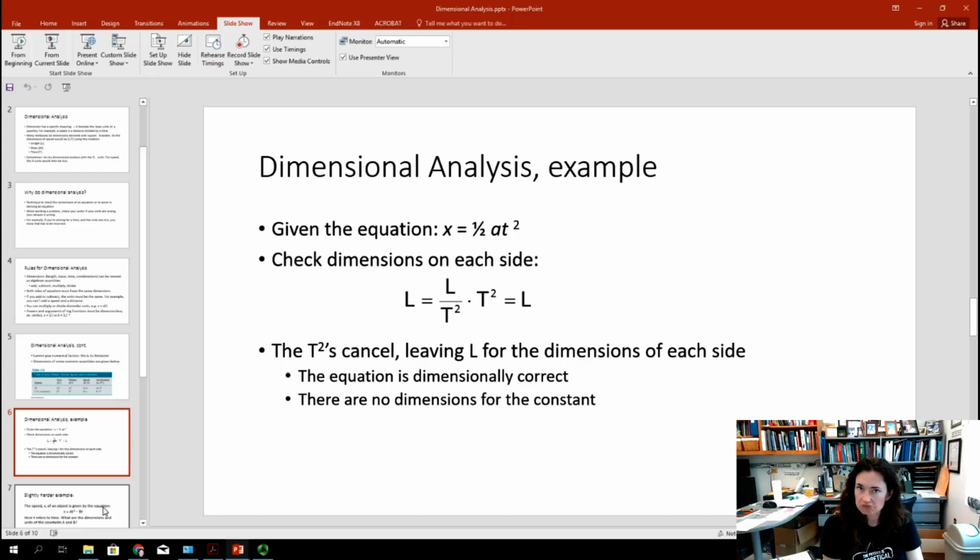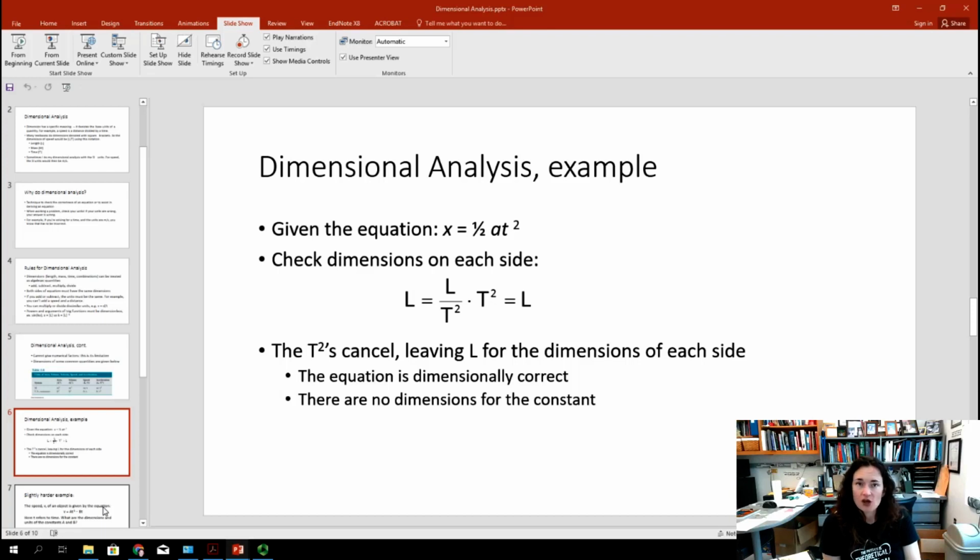Or a position. All right, so the SI units are going to be meters, and the dimension will be length for x. Now we have an equal sign there, so that means that x and 1/2 at squared have to have the same units or dimensions overall, all right? So left-hand side is length, the right-hand side has to be length too.